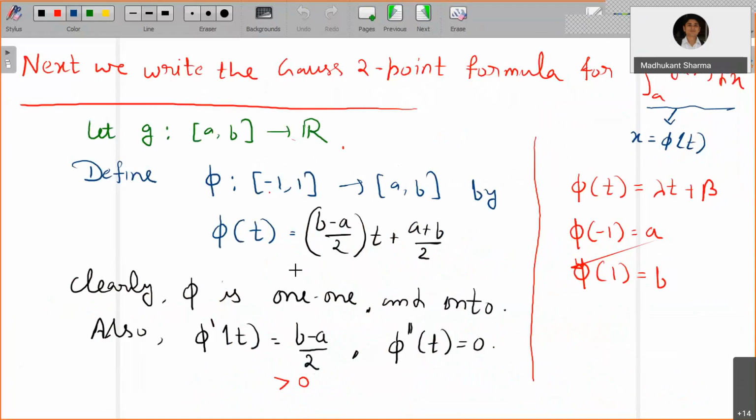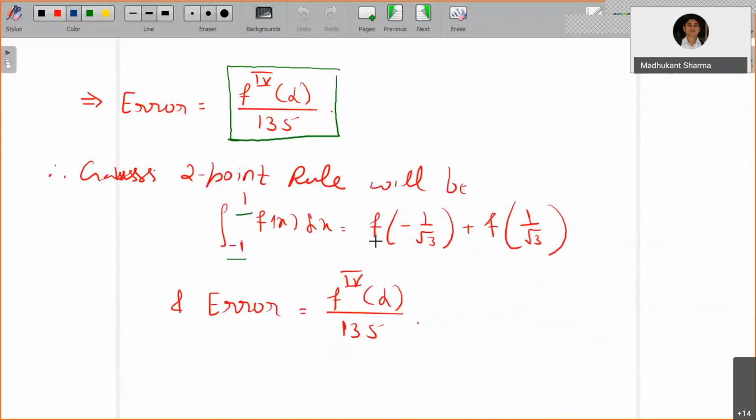We have looked for a one-to-one onto correspondence between these two intervals because we know the Gauss 2-point formula for the interval -1 to 1, f of x dx. So we want to write an approximate formula for integration over a general interval a to b.